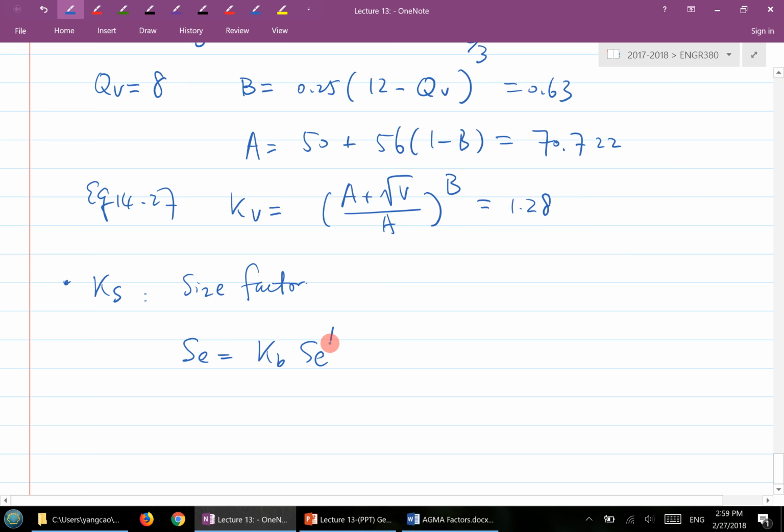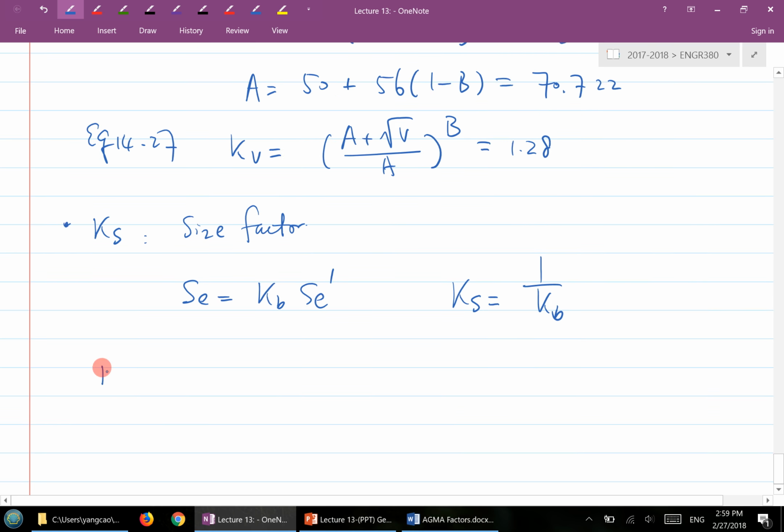In my lecture notes, I can show you the size factor here. It's essentially 1 over that Kb value. It's very similar, but just 1 over that Kb, because the Kb there is applied to the strength, and the Ks here is the factor applied to what? To the stress, right? So that's why here it is 1 over Kb. So for your Ks, okay, we'll use this formula.